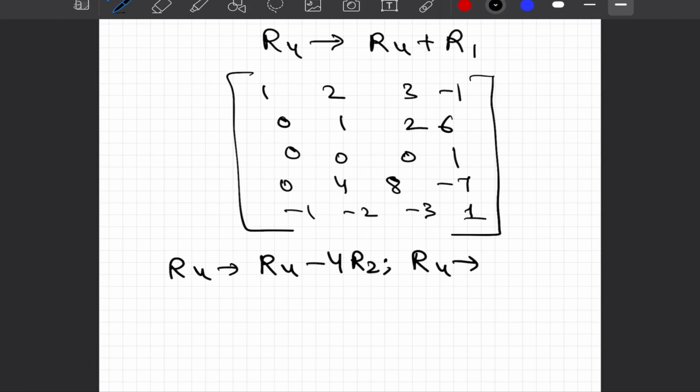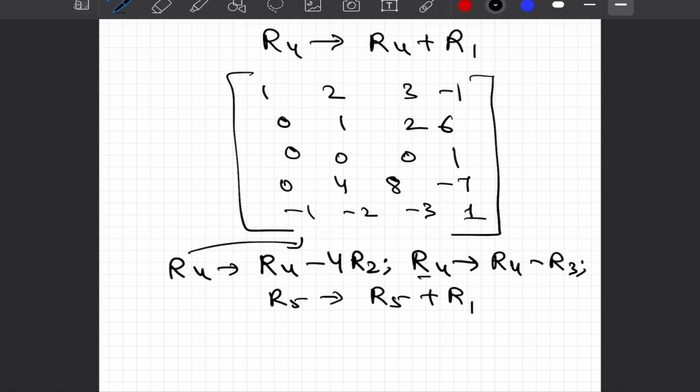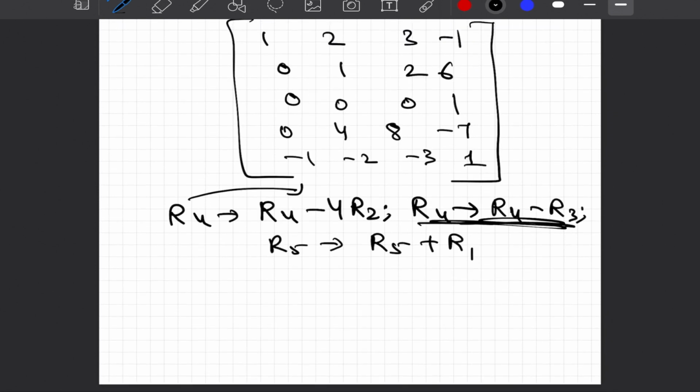Then again, we will transform this newly obtained R4 as R3, and R5 can be written as R5 plus R1. Make sure we apply this first, and this transformation is applied on the new R4 that we obtain, and after these calculations we obtain our final matrix as follows.